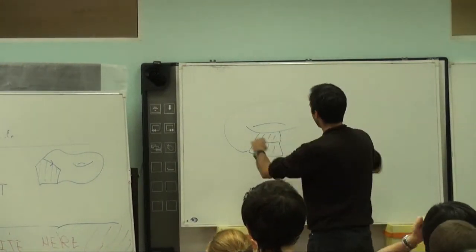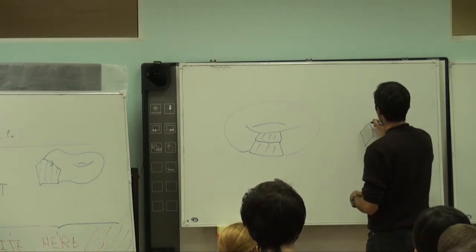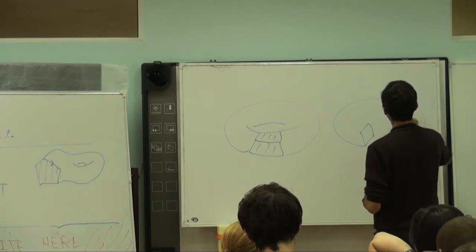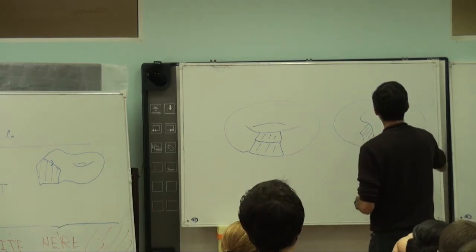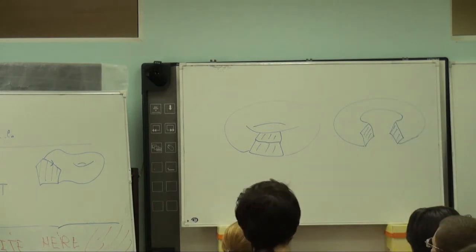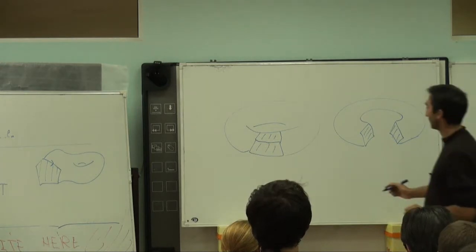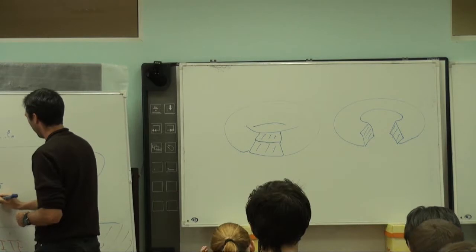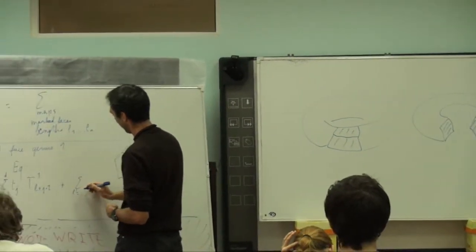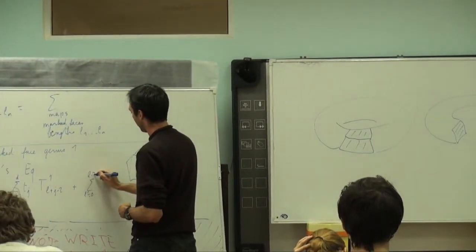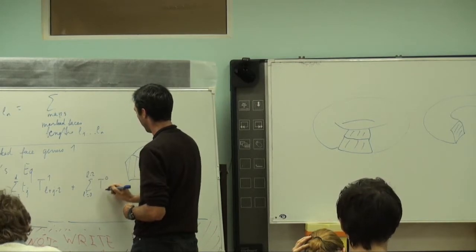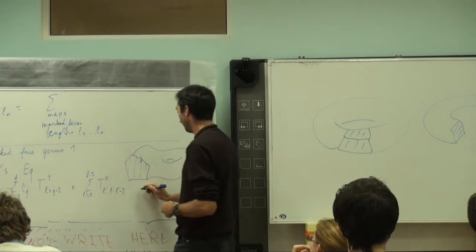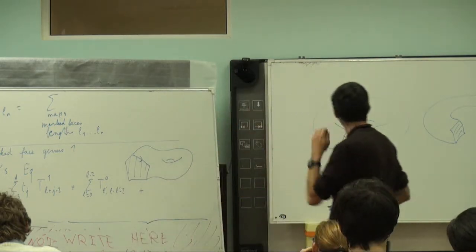When we cut this marked edge, we get something like that, which is a cylinder. So we have the sum over L' equals 0 to L minus 2 of T^0_{L', L-L'-2}.